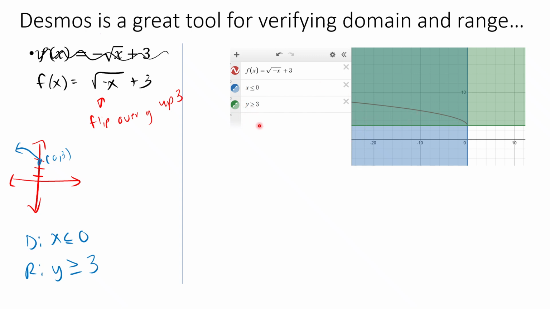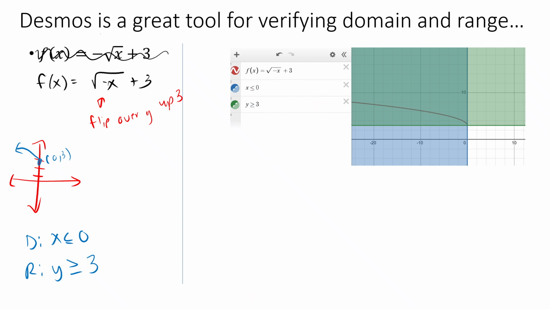Y is greater than or equal to 3, that's highlighting upward. The two shaded regions should intersect right at that endpoint. So that should be the endpoint of my graph, and the graph should be entirely in the region of overlap, meaning I've captured both the domain and the range.